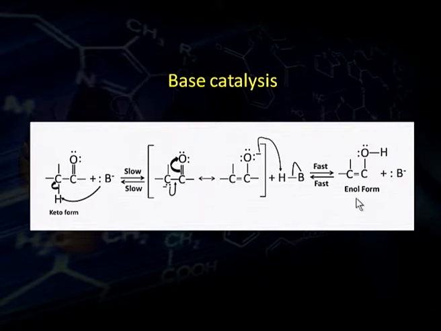And when we treat this base with enol, it abstracts the proton from this enol and it forms an intermediate anion, this negative ion. And in the reverse direction, if we add protons and if the proton is added at this carbanion, it is converted into keto form, and if proton is added at oxygen, it is converted into the enol form. This is about the base catalysis.